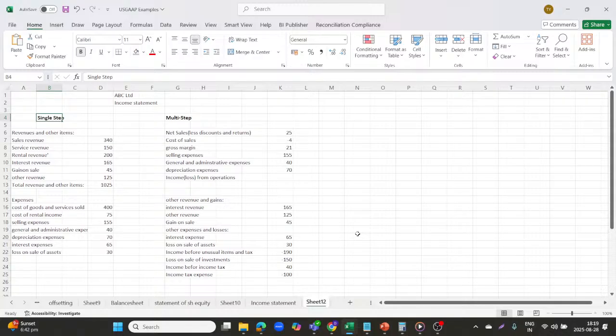Okay, then you have the comprehensive income statement also. All those incomes and expenses which are not yet ready to be disclosed under the net income head are temporarily parked under other comprehensive income.